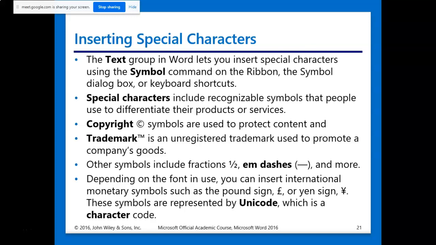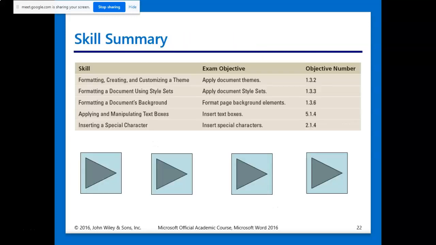Other symbols that you can include are fractions, the em dashes, and more. So the em dash will automatically appear if you hit two hyphens. Depending on the font in use, you can insert international monetary symbols such as the pound sign or even the yen sign. These symbols are represented by Unicode, which is also a character code.